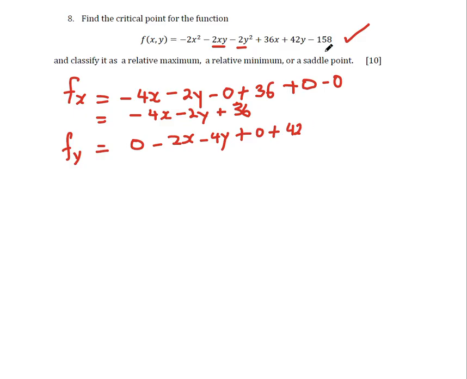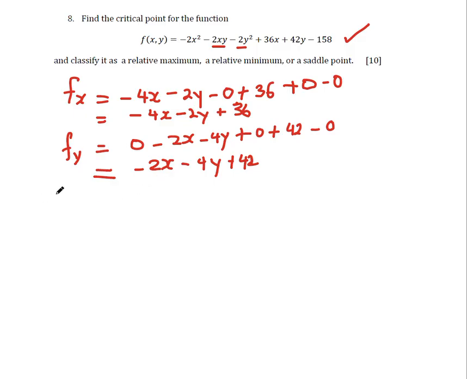And of course, when we differentiate negative 158 with respect to y, because negative 158 is a constant, that would be 0. So now when we simplify this further, this will be negative 2x, take away 4y plus 42. And that is the value for fx and fy respectively.